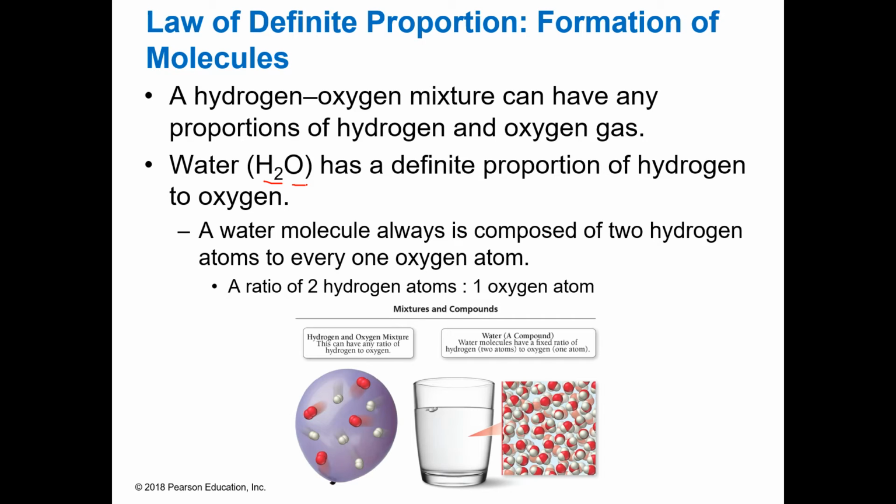So water will always be H2O. So that ratio that you see here for water will always be the same. If I have ammonia, which is NH3, ammonia will always be NH3. It'll always be 3 hydrogens for every 1 nitrogen.